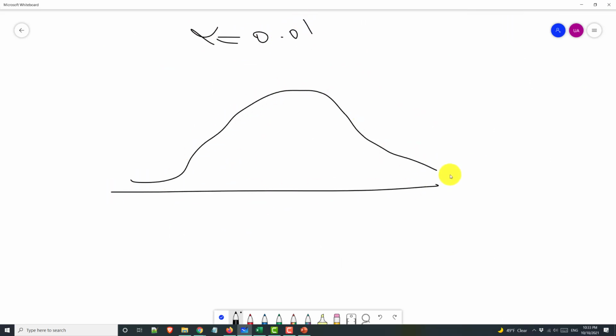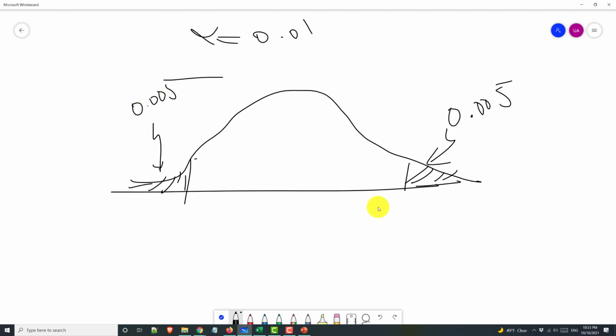When I draw my normal probability distribution, the right tail will have half of that, so 0.005, and the left tail will also have 0.005.